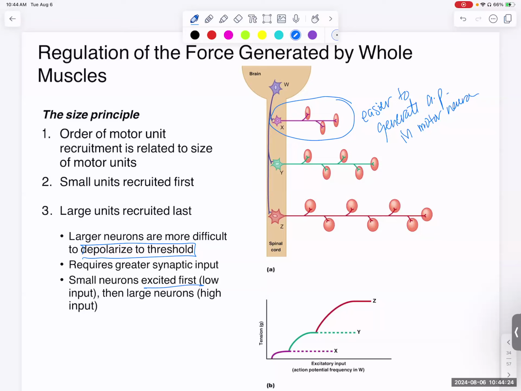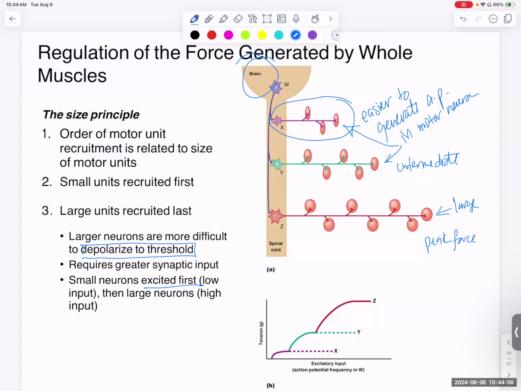And so you're going to activate those muscle fibers easier. So you're going to recruit those first. If we need more tension, our nervous system works a little bit harder to recruit or activate the intermediate. And then if we really want peak force, we work real hard to recruit the large motor units. And so this is coming from the brain.